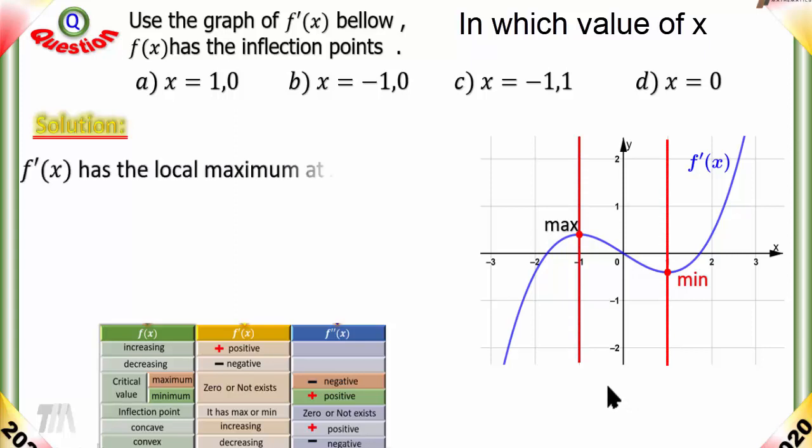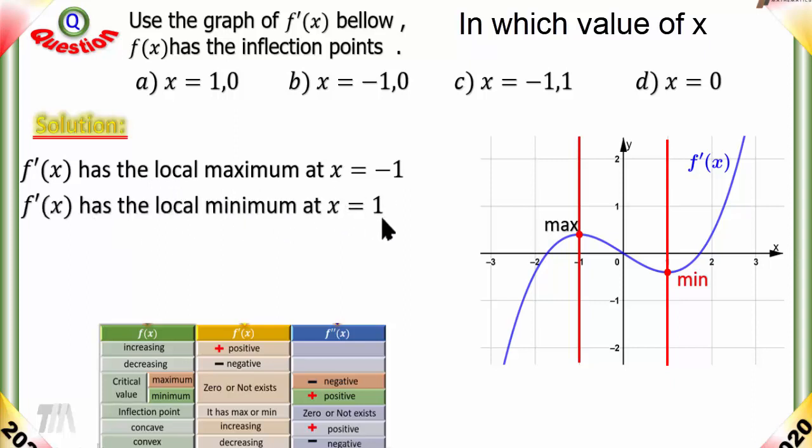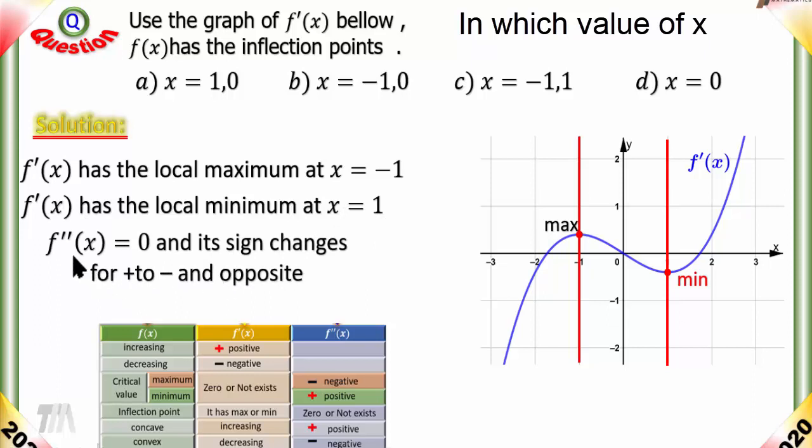As you can see, f prime has the local maximum at x equal to minus 1 and the local minimum at x equal to 1. So f double prime at these two points is 0, and it changes sign from positive to negative and the opposite.